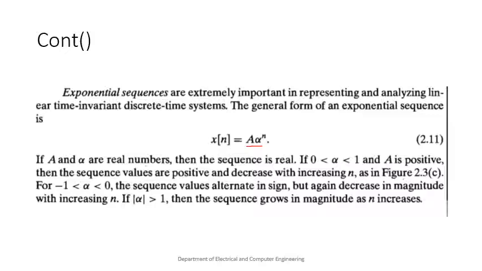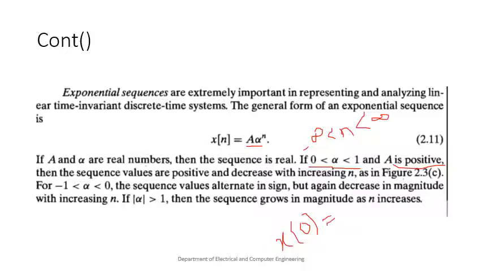We know that n ranges from minus infinity to infinity. Everything now depends on the value of alpha. For example, if alpha is between 0 and 1 and A is positive, we can check x of 0, which means that n is 0.